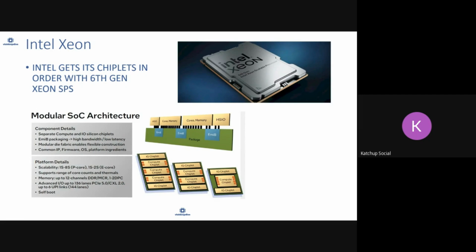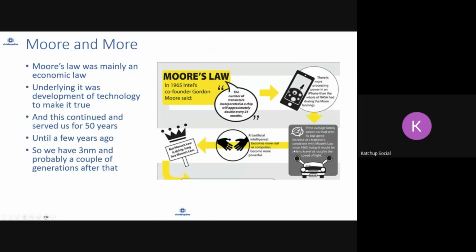Now let's understand how these trends evolved. Everyone who has been part of the electronics industry has heard about Moore's law. Moore's law was mainly an economic law. Underlying it was the development of technology.